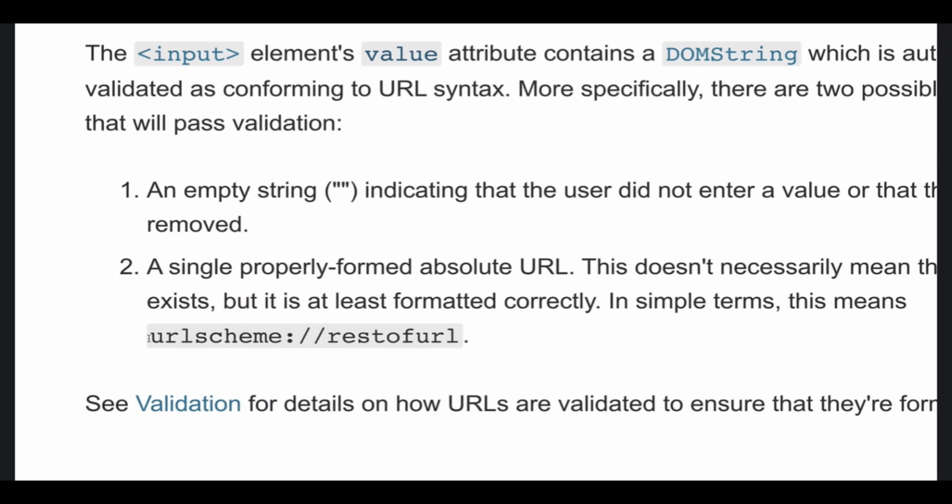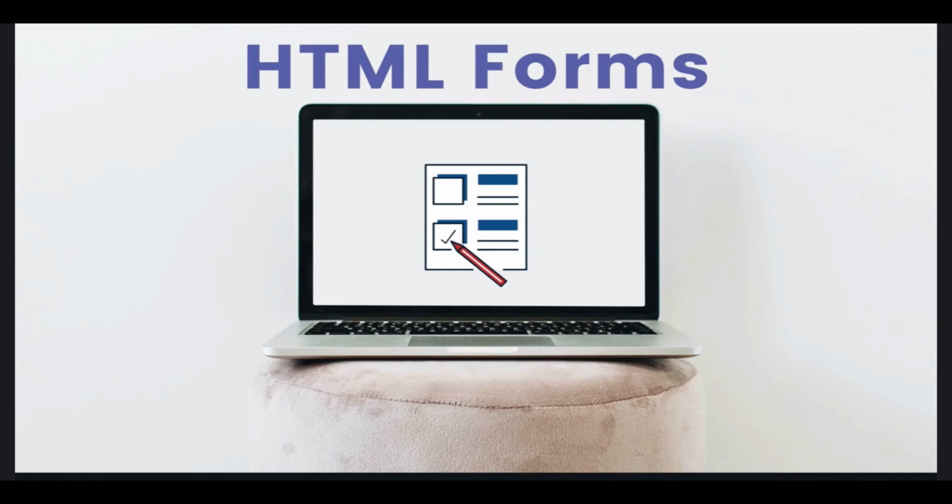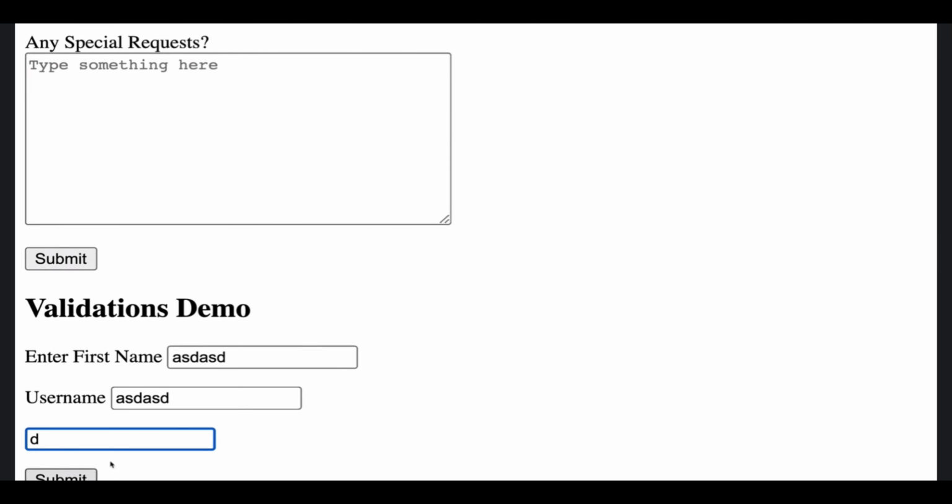It looks like it's looking for this pattern. So some URL scheme like HTTP or HTTPS, colon, slash, something else. So let's verify. If I just do D, it doesn't like that. If I do HTTP colon double slash, that's fine. But if I leave off some of that, it gets mad at me and it wants a valid URL. Again, not checking to see if it's a real URL, but just the pattern.